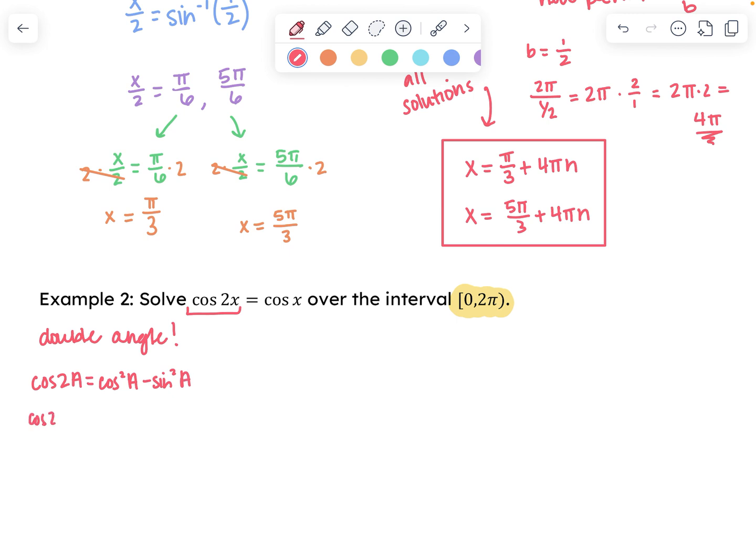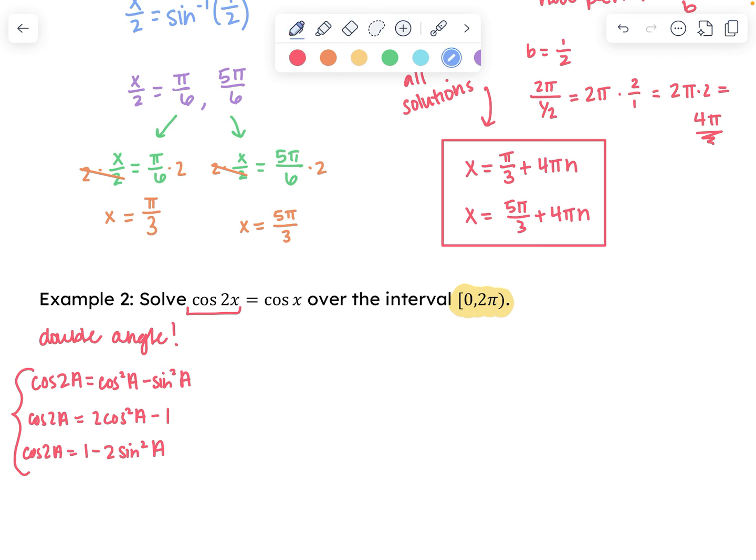I could have cosine of 2a is equal to 2 cosine squared of a minus 1. Or I could have that the cosine of 2a is equal to 1 minus 2 sine squared a. So I've got 3 different options that I could pick from, and you've got to be a little strategic about which one you're going to pick.